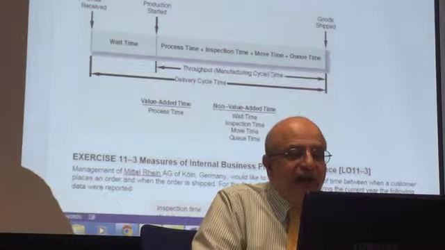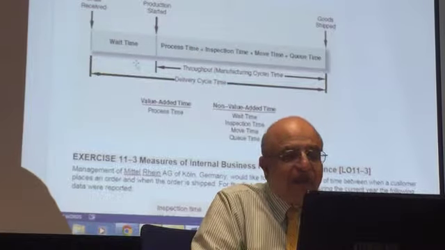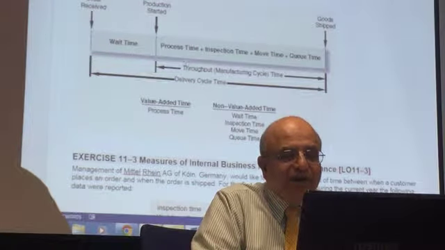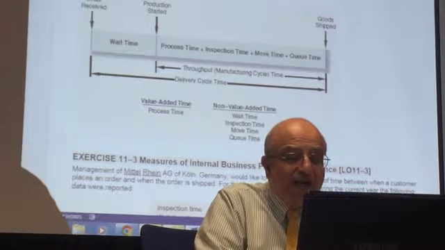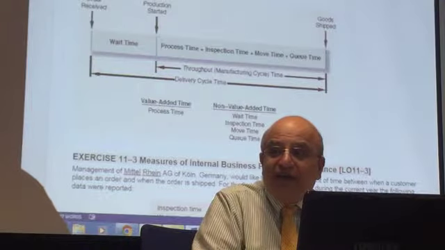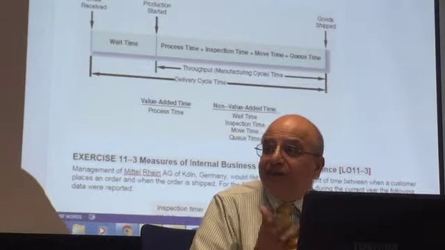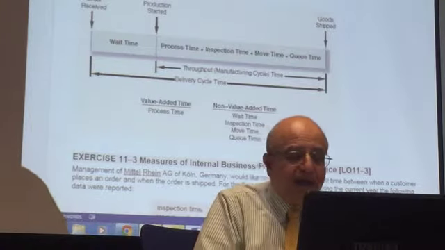So this is the basic thing. You look at this and you say, look, the customer order is received, then you have a wait time, a process time, an inspection time, a move time and a queue time. And the only value added time is the process time. All these others are non-value added time because the product is just sitting there and you're not working on it. Okay?